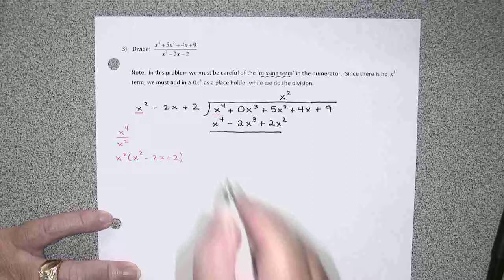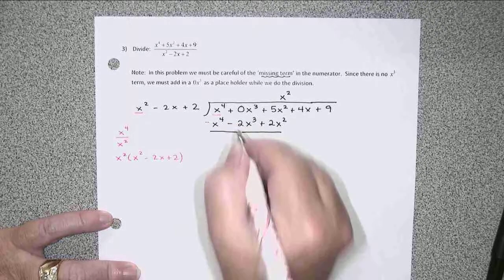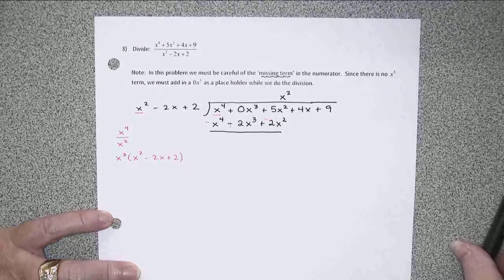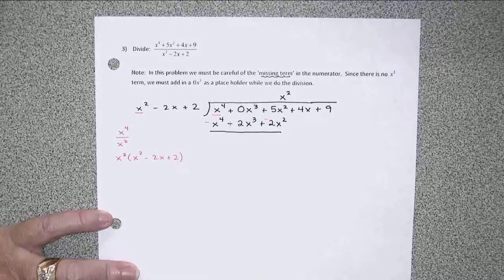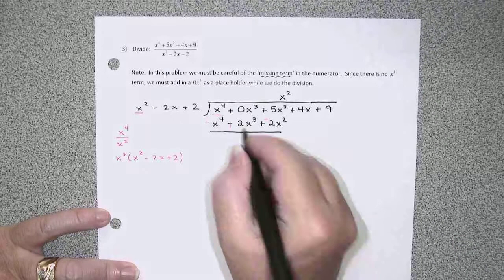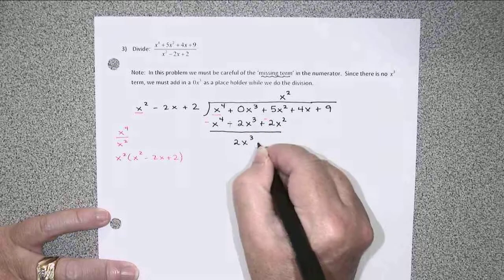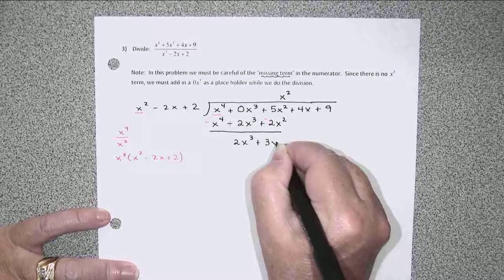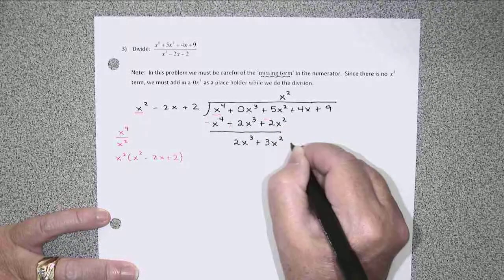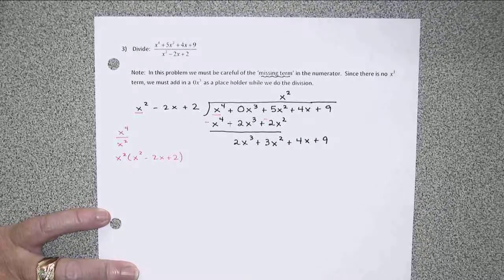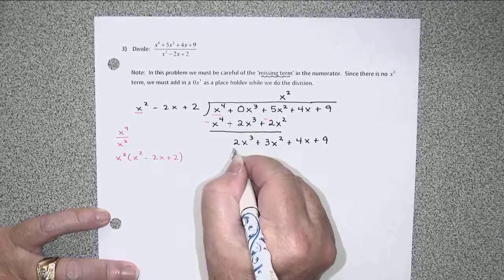I am subtracting, so that becomes negative, positive, and negative. The x to the fourth terms add up to 0. I have a positive 2x cubed, and then a plus 3x squared. I will bring down the remaining terms. And then we're ready to divide for the second cycle.